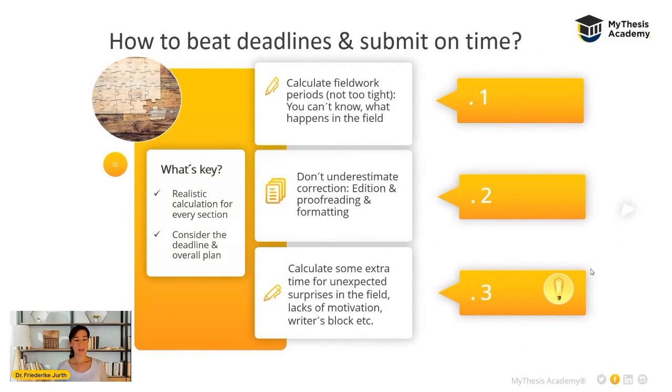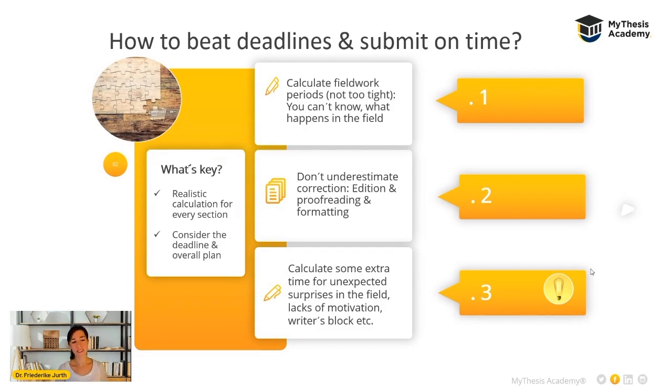Now, before we start to get into detail in terms of the planning of the episodes, I would like to suggest some principal tips and advice. Why is this important?